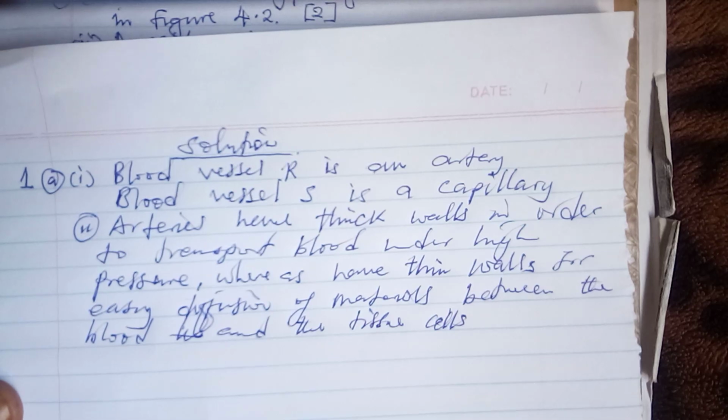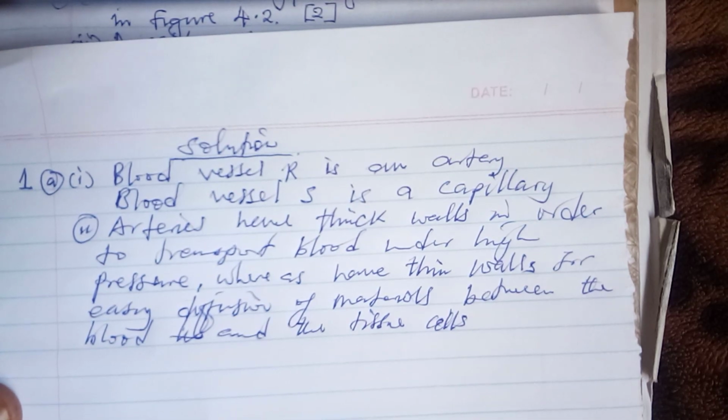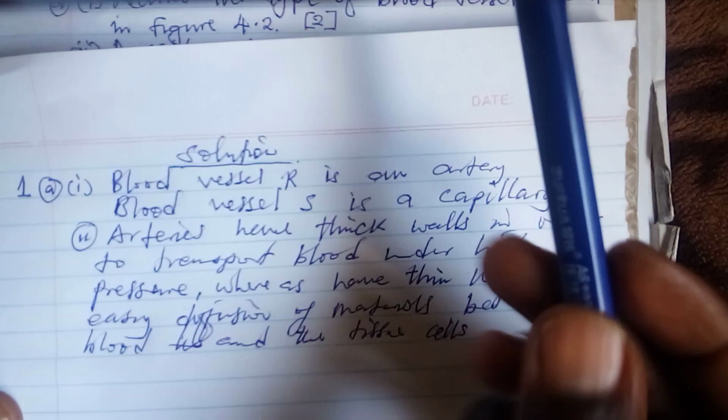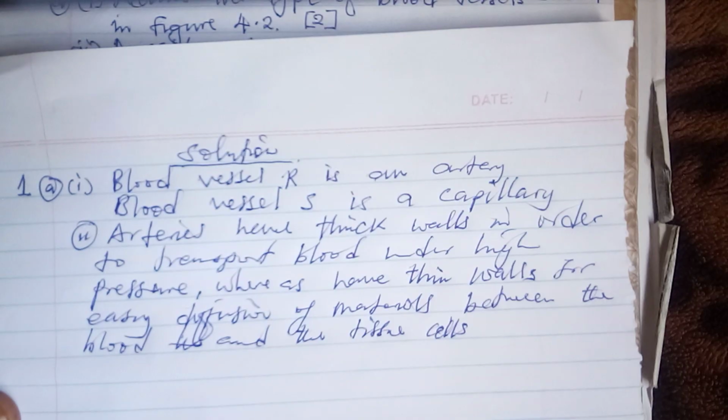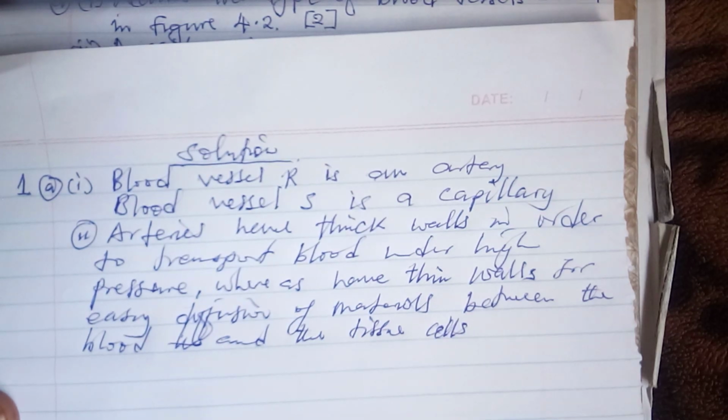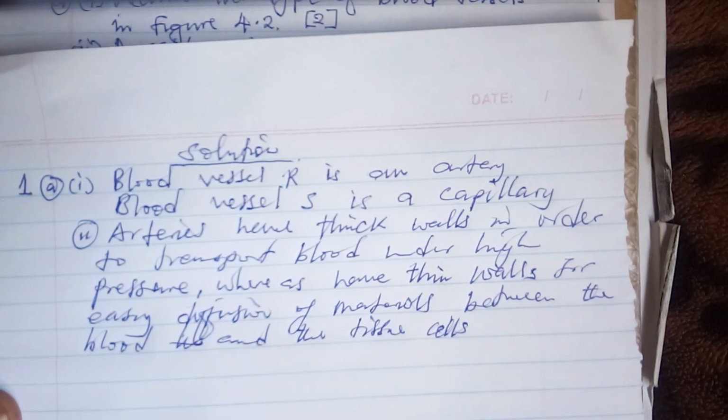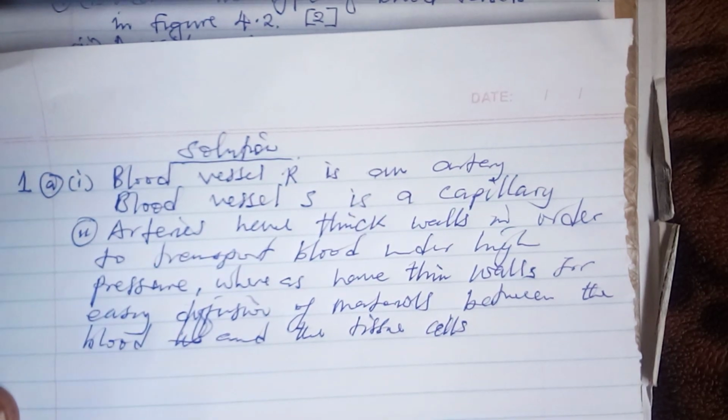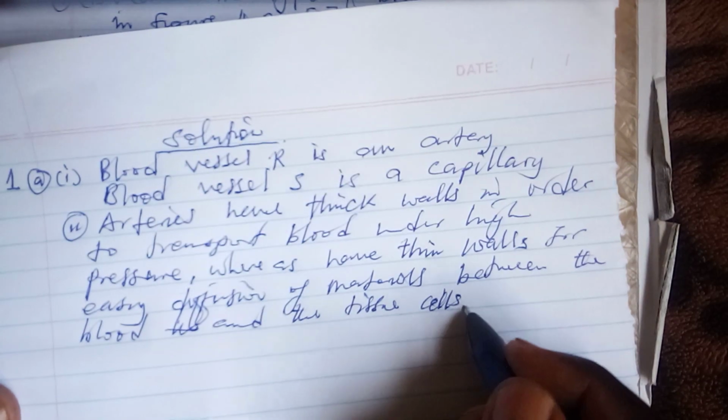It means it's one cell thick. In short, they are very thin, so that blood is able to move very slowly in order for materials to diffuse between blood and the tissue cells.